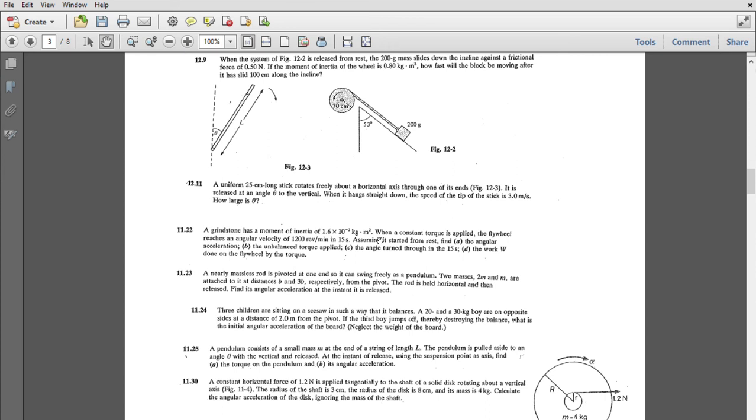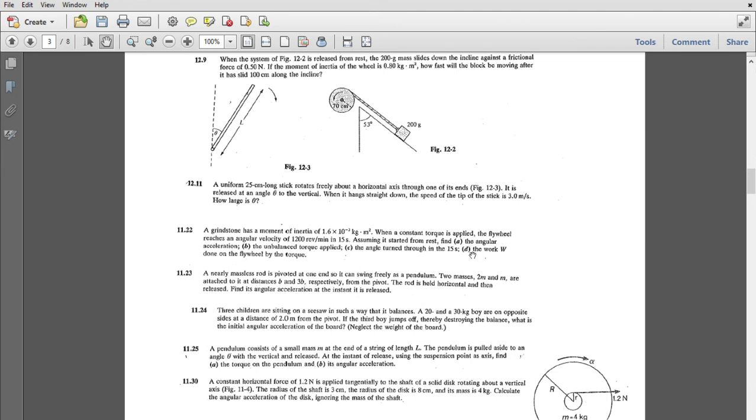Solve for delta theta, that would be in radians, and then we could convert it to revolutions by multiplying so many radians times 1 revolution divided by 2 pi radians. Oh, I guess it's saying angle here, so it probably wants it in radians.